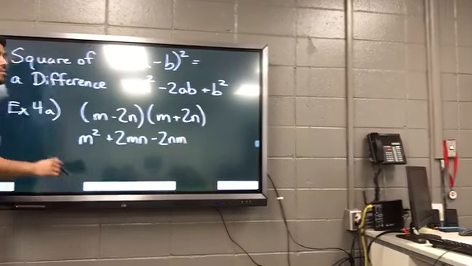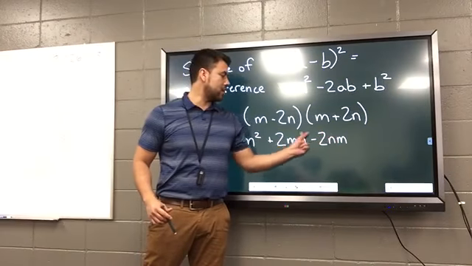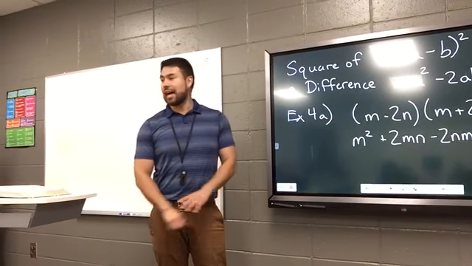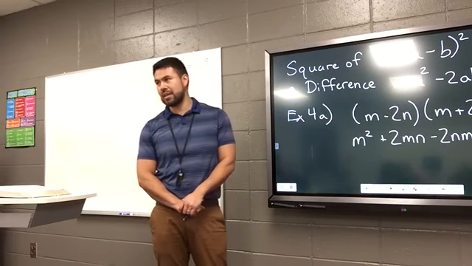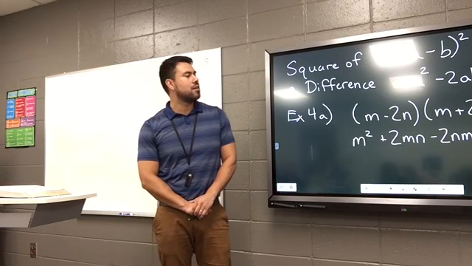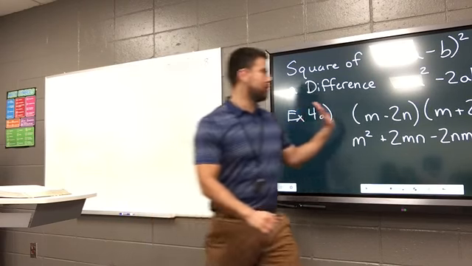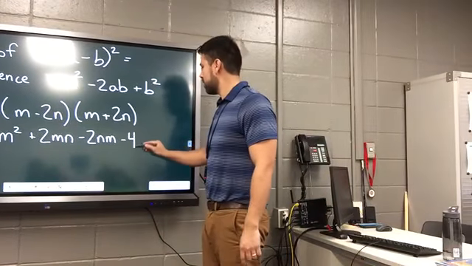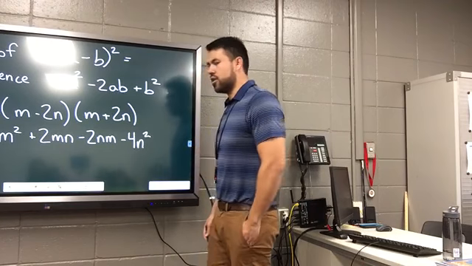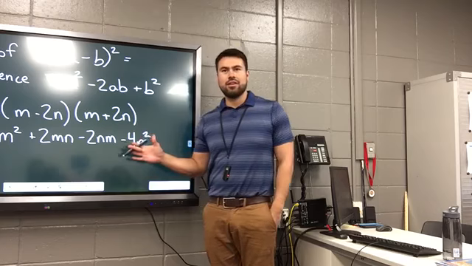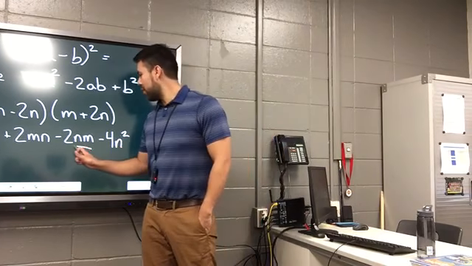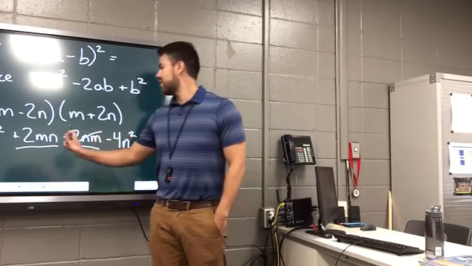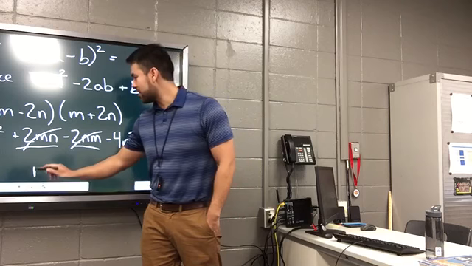Okay, and it doesn't matter how you write those. They could be mn or nm. That's fine. And then the last terms multiplied together. These two multiplied together give me negative 4n squared. Okay, is that my answer? No, because I have to add these two together. Oh wait, what happens when I add them together? They cancel each other out, and what am I left with?